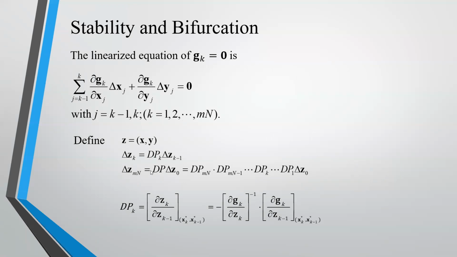Delta zmn equals dp times delta z0. dp is the multiplication of dpmn all the way to dp1. And dpk is a function in the matrix partial zk over partial zk minus 1. In this way, we can get partial zmn over partial z0, which is this equation. This is the matrix dp.